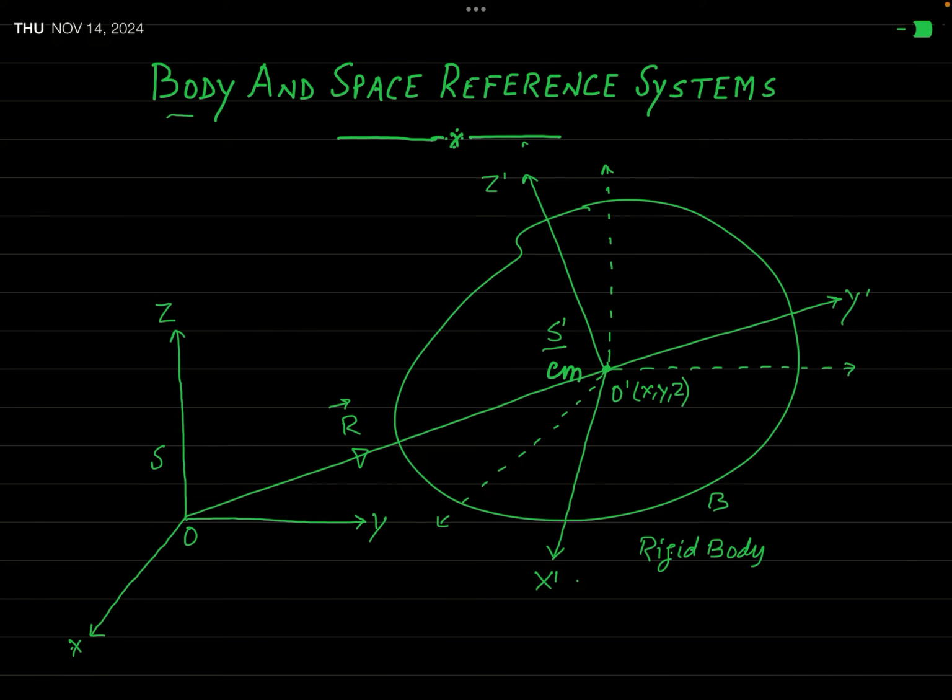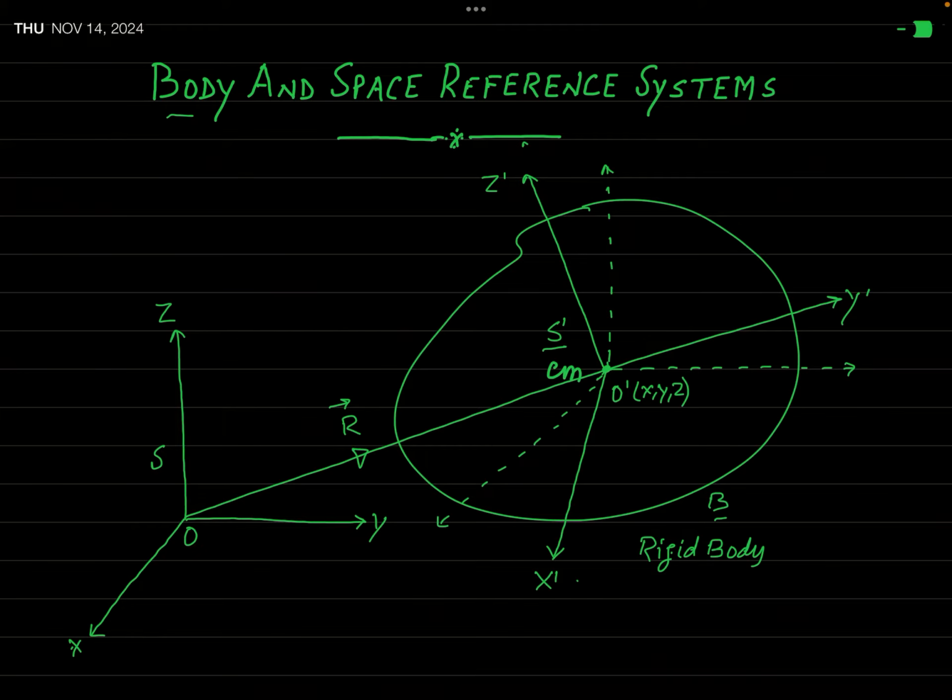These are the coordinate axes of this particular frame, and this frame is attached or fixed in the rigid body B. So this X prime, Y prime, Z prime is actually the body coordinate system or the body reference system.